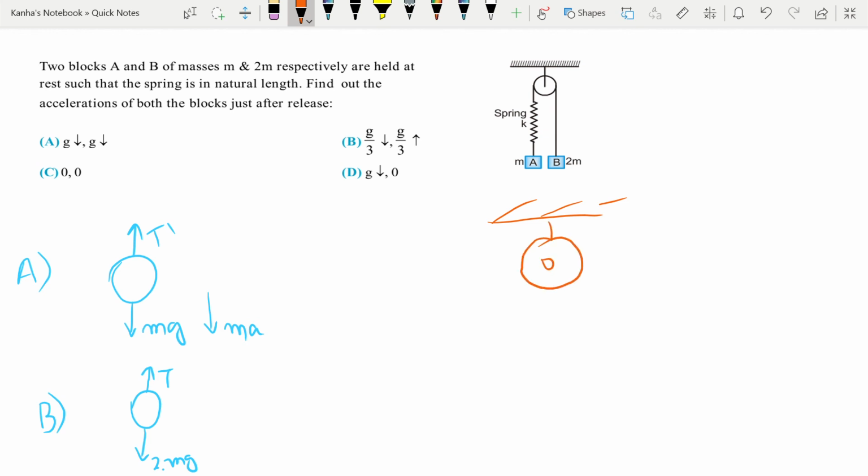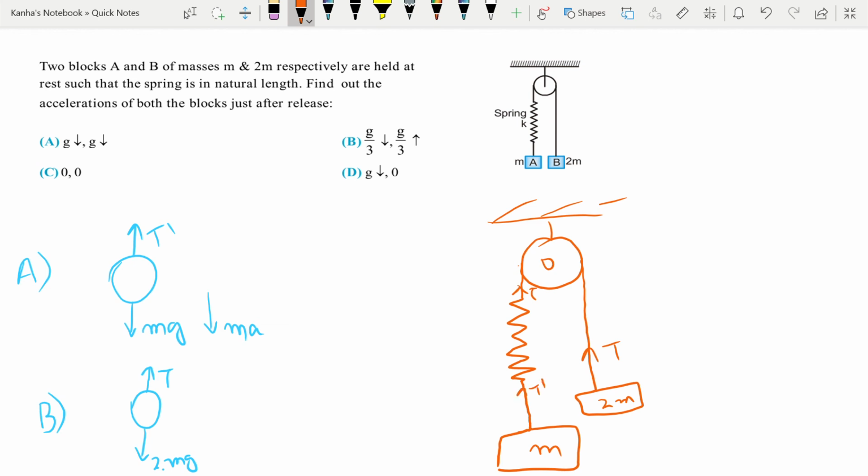This is my pulley, this is my spring, this is my block, another string and block. This is m, this is 2m. Now this is the tension force T, same tension force is T here, but note that after the spring the tension will be something different. Let's say T prime.